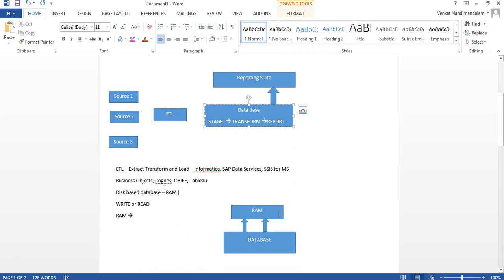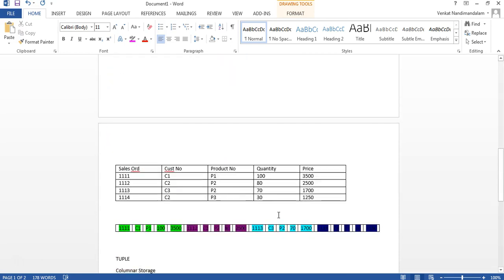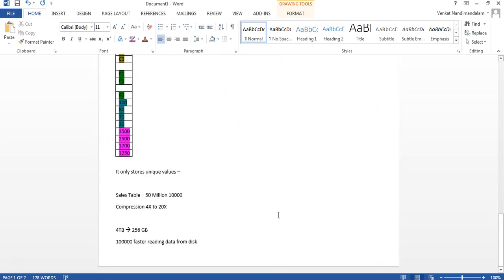You can do everything in one shot, which means when you want to make any changes in the future, you just need to make changes to one modeling object, which will give you those changes in real quick time. So you have got that flexibility also with HANA.